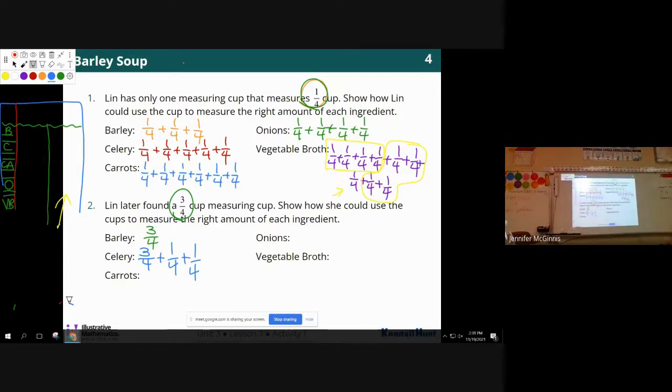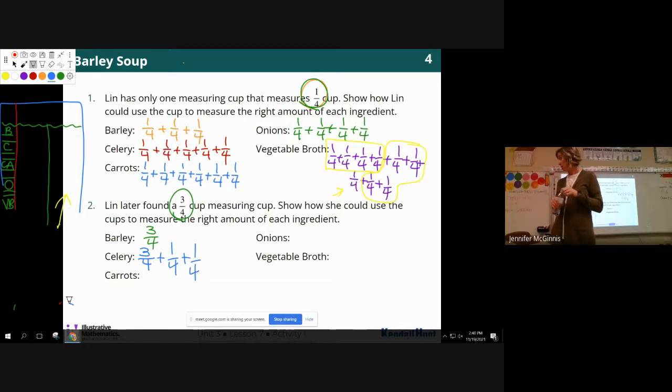I'll be around to check and see how it's going. So 1 cup of chopped onions. She could do, done, for carrots. I did 3/4 plus 3.